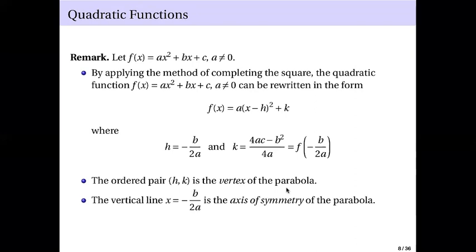And of course, the vertical line passing through this vertex is just x equals h, but your h here is negative b over 2a. So the vertical line x equals negative b over 2a is the axis of symmetry of the parabola.